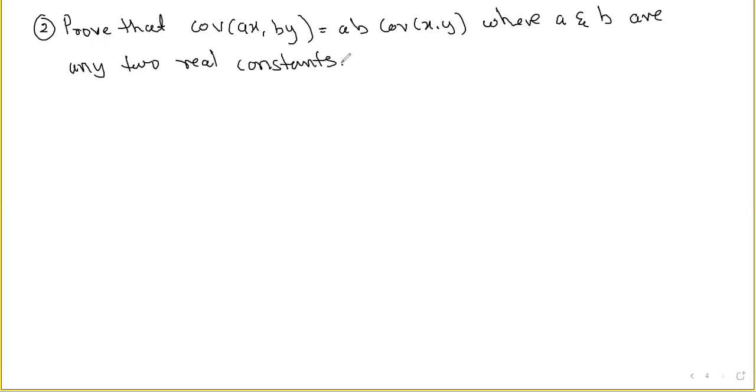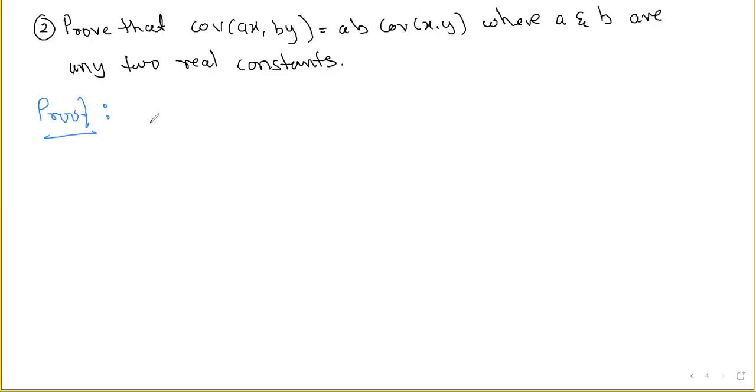It means that a and b are real numbers, right? So the covariance of ax comma by is equal to ab into covariance of xy.